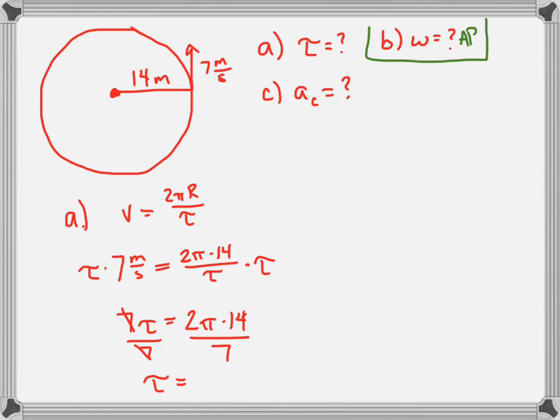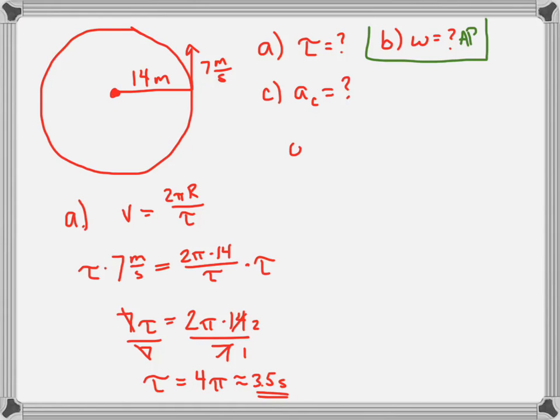But I know that 14 over 7 is the same as 2 over 1. So I have 4 pi. So 4 times pi is about 3.5 seconds. Okay, so that's the amount of time it takes to go one revolution.